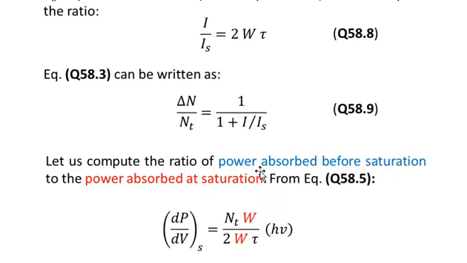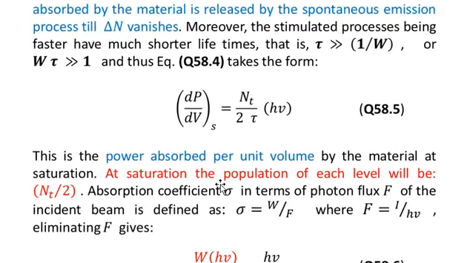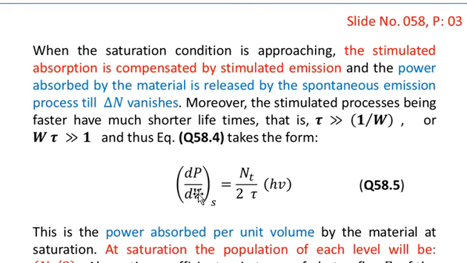So let's compute the ratio of the power absorbed before saturation to the power absorbed at saturation. You see that dP over dV at saturation is the power absorbed at saturation, which is equal to NT over 2 tau into h nu.